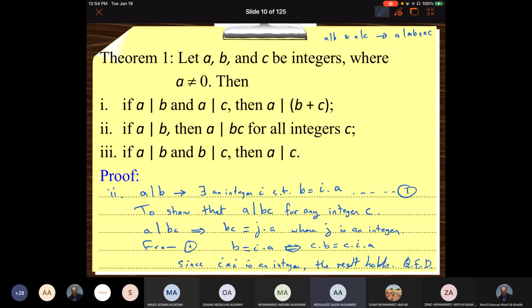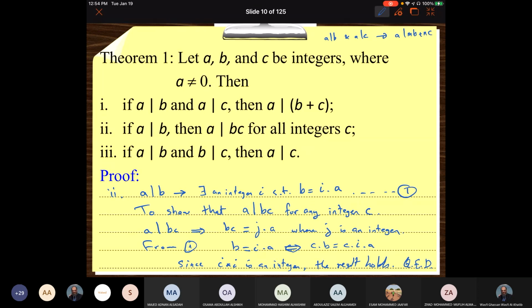God bless you. Now you're talking. So A divides B implies A divides MB. This is from number 2. A divides C implies A divides NC. This is by number 2. Right? So now A divides MB and A divides NC, proved using number 2.